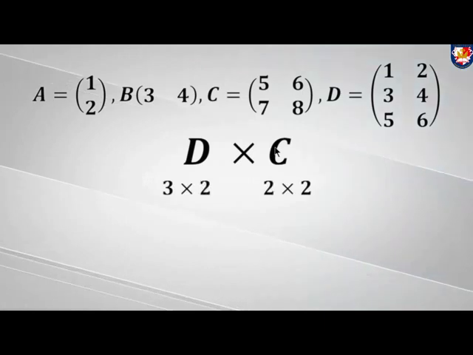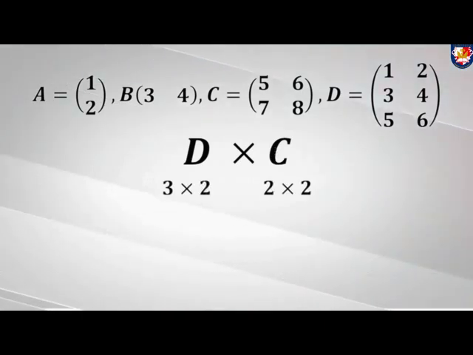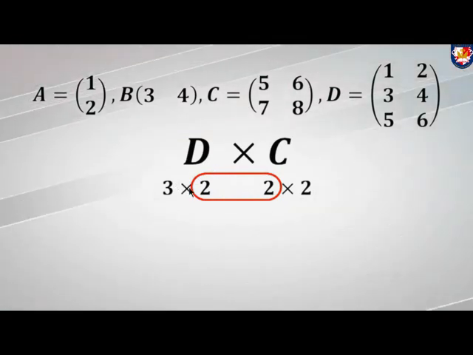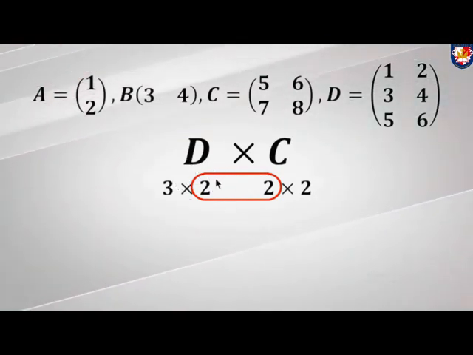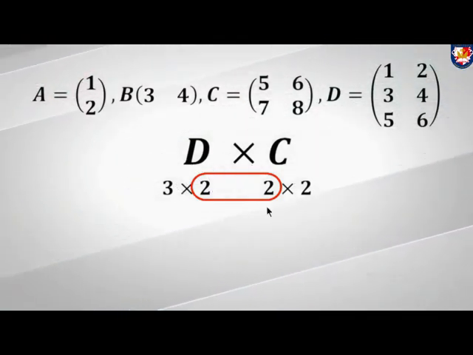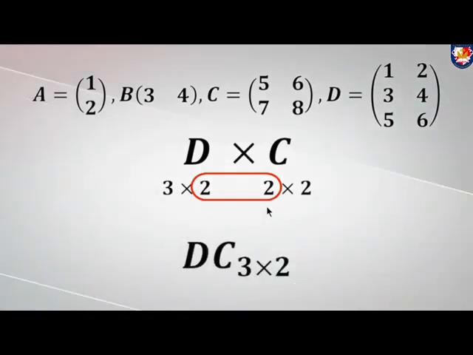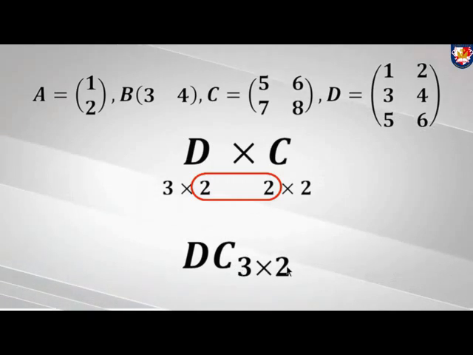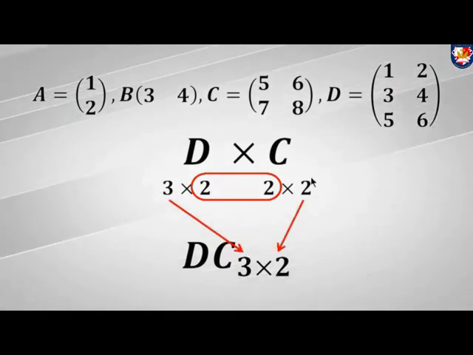We know that the order of D is 3 by 2 and the order of C is 2 by 2. So, since the number of columns in matrix D equals the number of rows in matrix C, DC are able to multiply. And the order of matrix DC is 3 by 2. It comes from this number and this number.